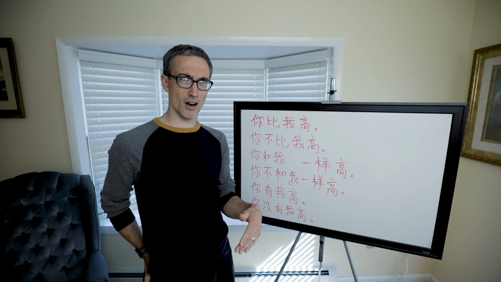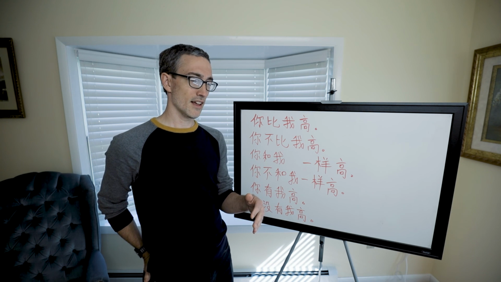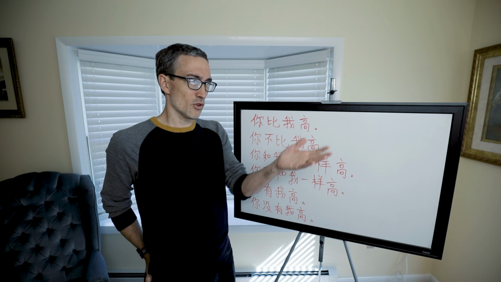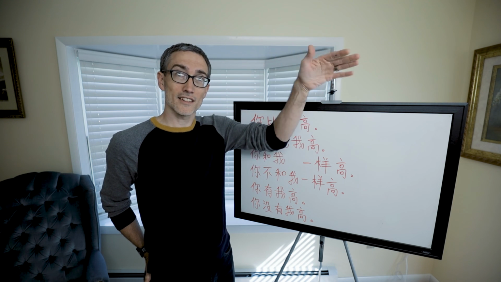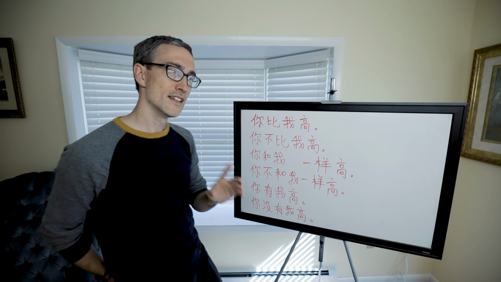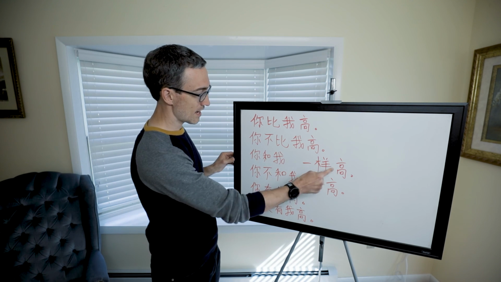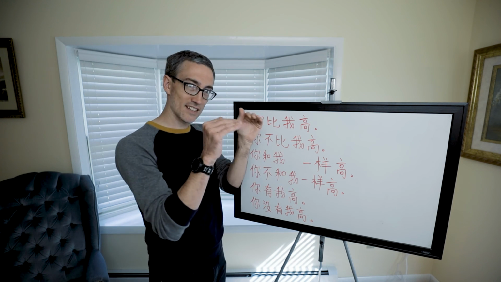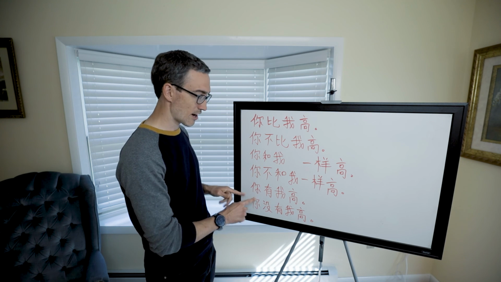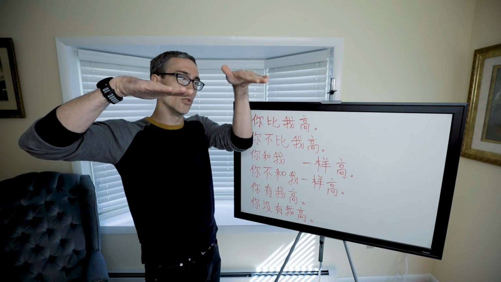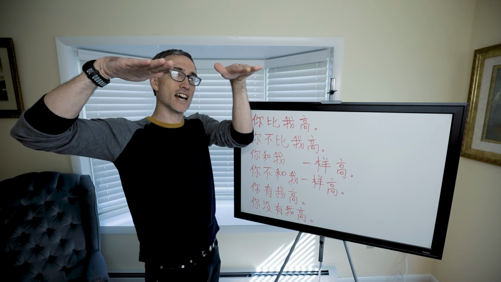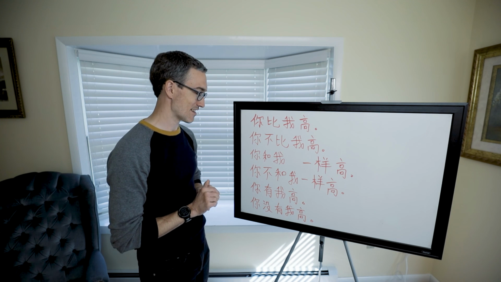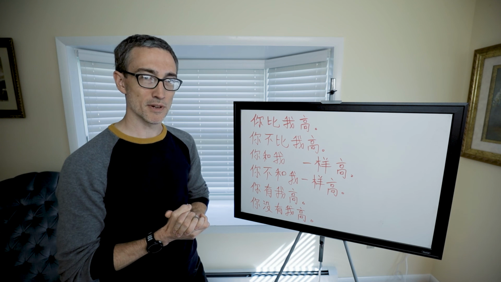And I say, no, 你有我高. That means like, of course you're as tall as me. In fact, you're a little bit taller. Does that make sense? So this is saying not exactly the same, essentially. Where this is talking about, does one come up to or have as much height as the other person? Does that make sense? That's a very nuanced difference, but it's there.